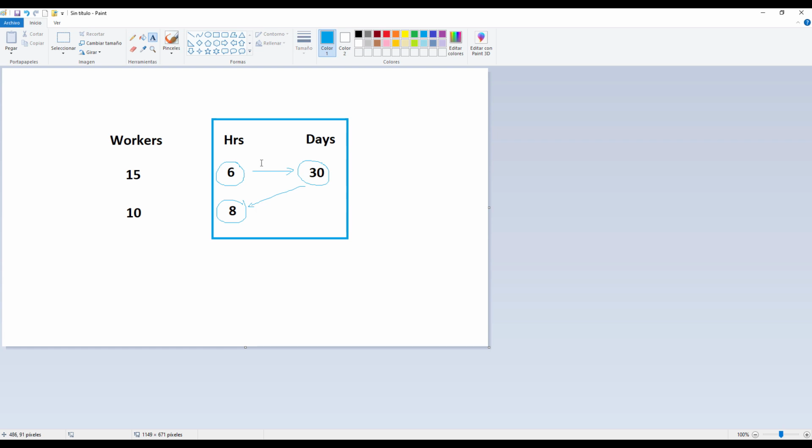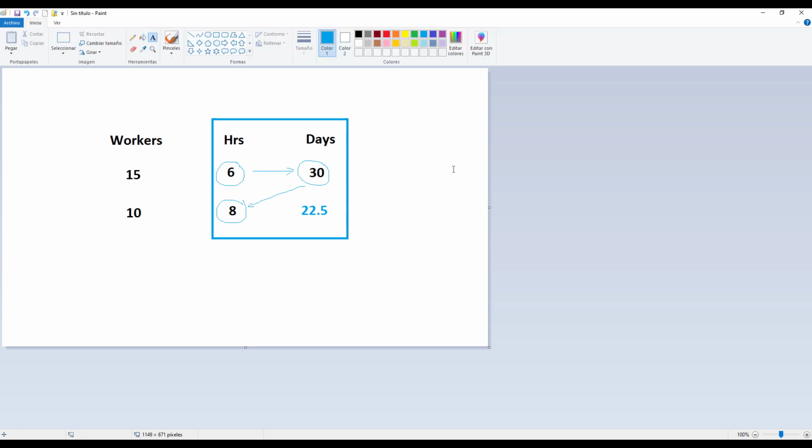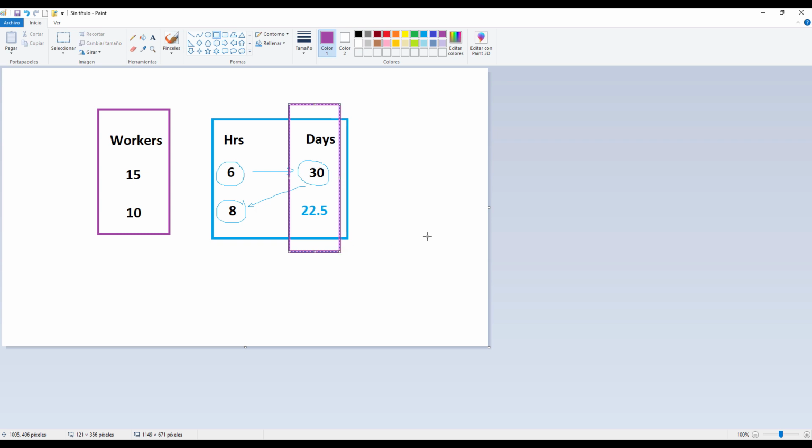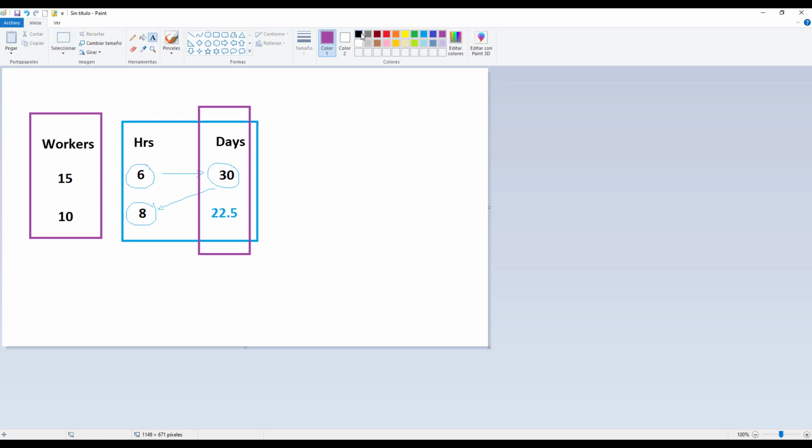So here is the intermediate result. Now we need to group workers with days. So here I will write, I will copy, workers and days.